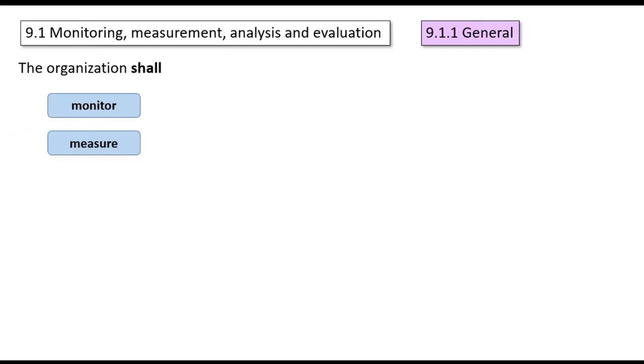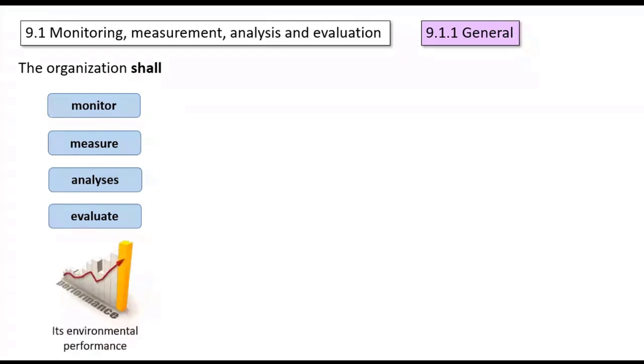The organization should monitor, measure, analyze, evaluate. Okay, but what? Its environmental performance. So the focus of monitoring, measurement, analysis or evaluation here is its environmental performance. Performance related to the environment.